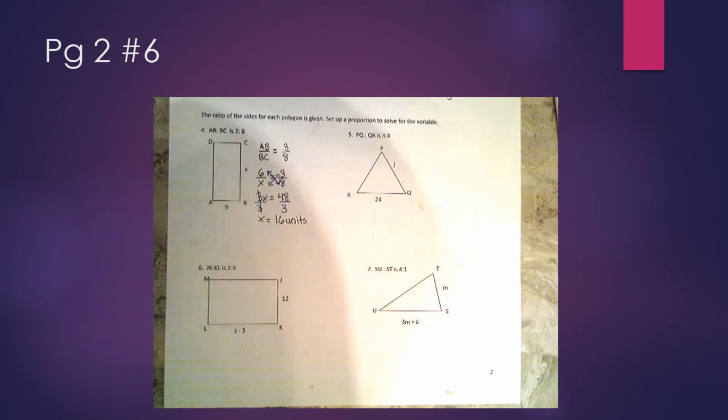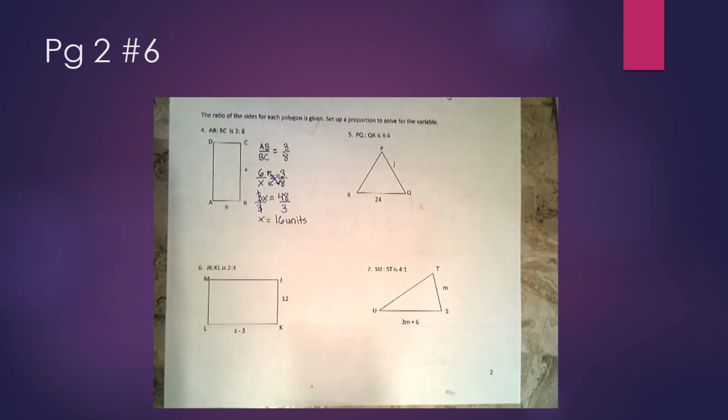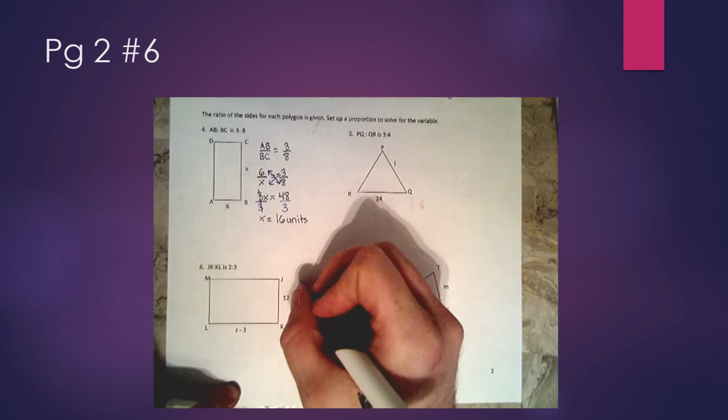So this is the last problem I'm going to show you on this page. This is number 6 on page 2. It says that JK to KL is 2 over 3. So just like the problem before, I'm going to write it as a fraction.